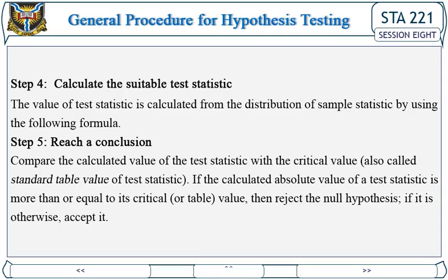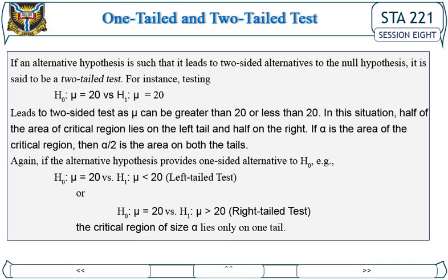Step 5. Reach a conclusion. Compare the calculated value of the test statistic with the critical value, also called standard table value of test statistic. If the calculated absolute value of a test statistic is more than or equal to its critical or table value, then reject the null hypothesis. If it is otherwise, accept it.